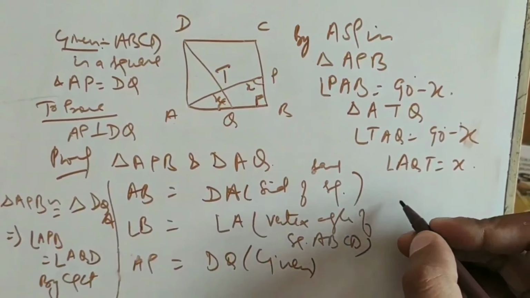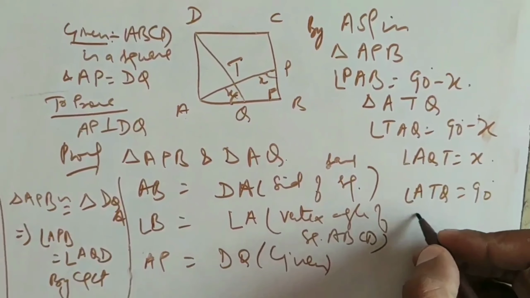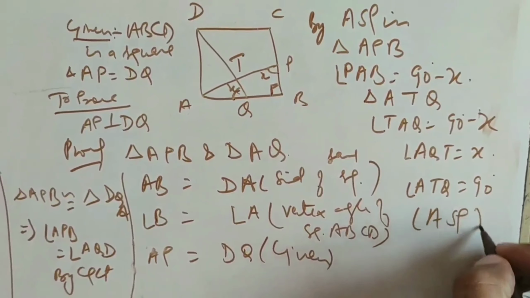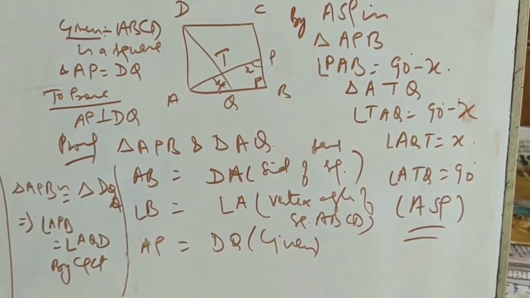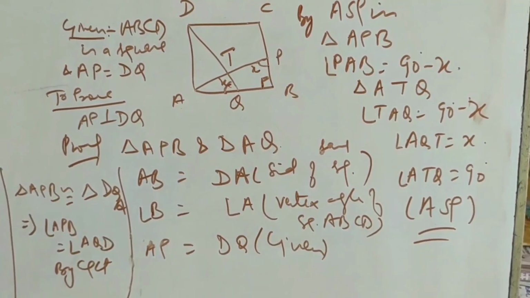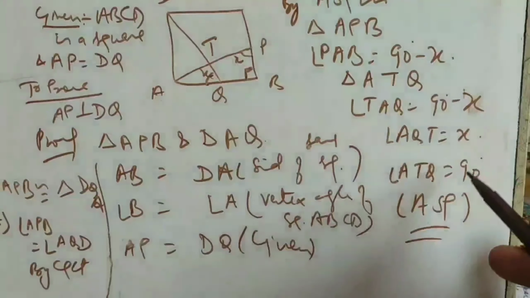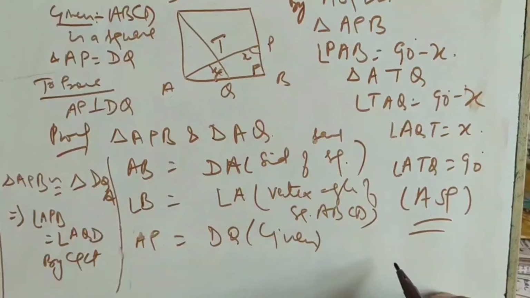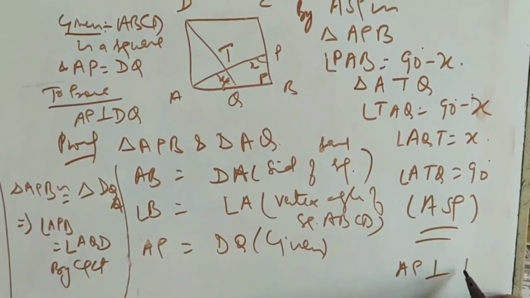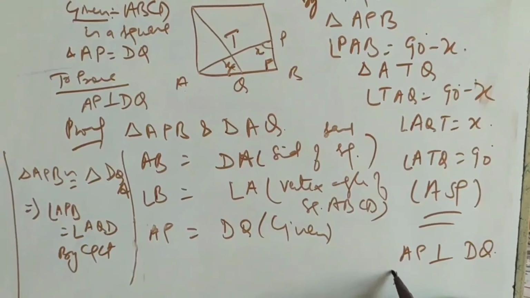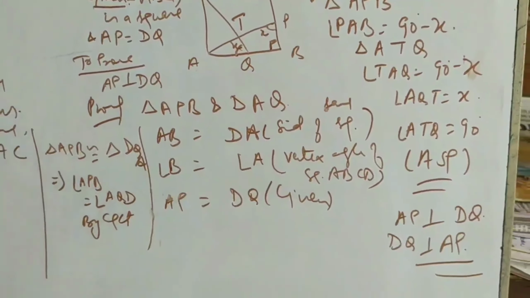So therefore angle ATQ will be 90 degrees if you apply angle sum property in this triangle, because the sum of these three should be 180. So ATQ is 90 degrees. So clearly if ATQ is 90 degrees, then AP is perpendicular to DQ, or you can say DQ is perpendicular to AP. So this was to be proved.